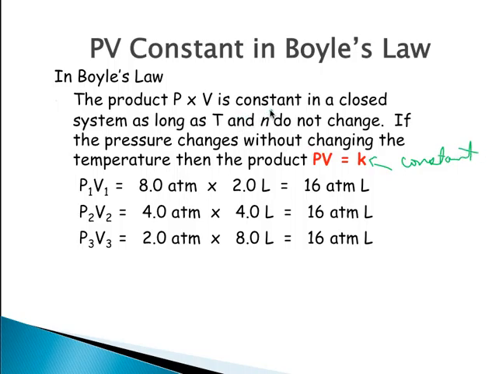Two important things to note: temperature and n, being really related to number of particles, which in reality is something called moles. Those do not change for the sample. So hopefully you can see pressure times volume is equal to a constant.